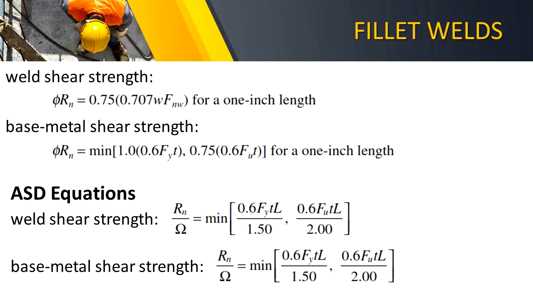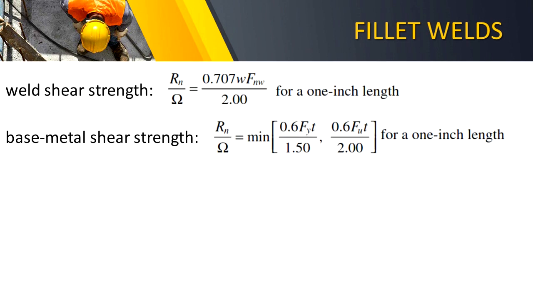For base metal shear strength, Rn over omega is the minimum of the quantity 0.6 FYTL over 1.50, and for shear rupture strength, 0.6 FUTL over 2. Weld shear strength, Rn over omega, equals 0.707 W FNW over 2 for a 1-inch length.